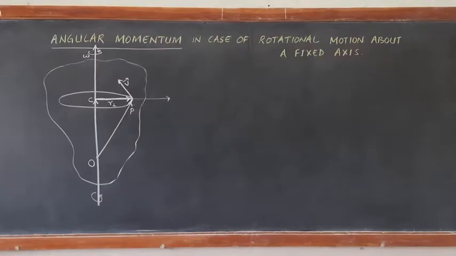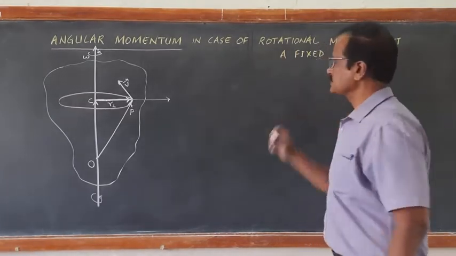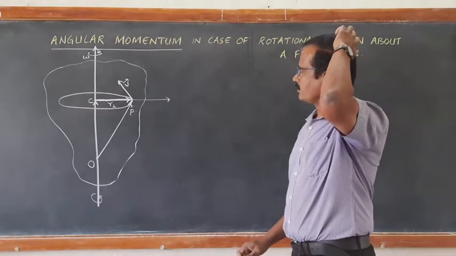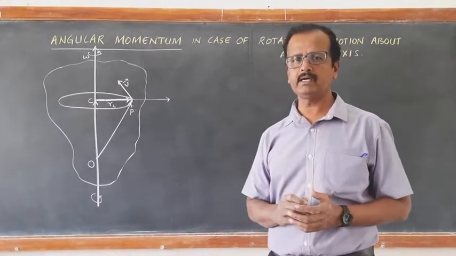Now we are going to discuss angular momentum in the case of rotational motion about a fixed axis. We have already learned about angular momentum and the relation between angular momentum and torque.